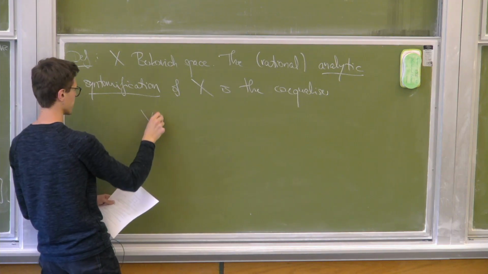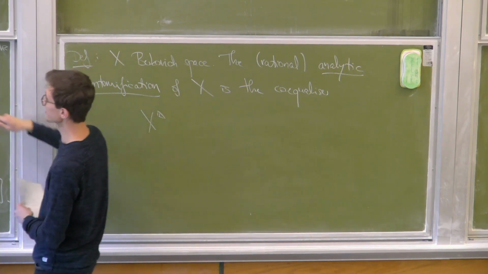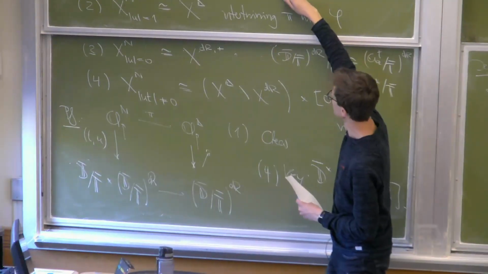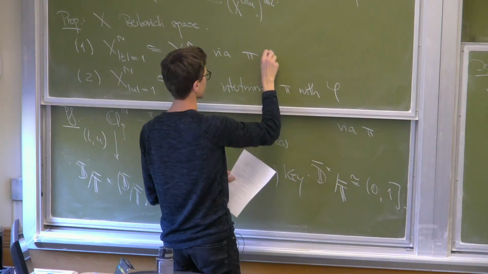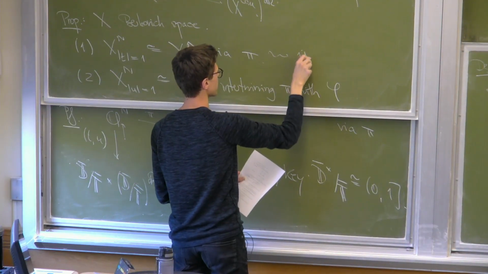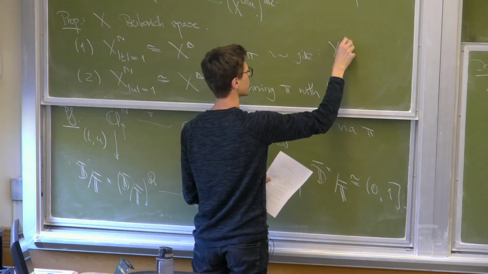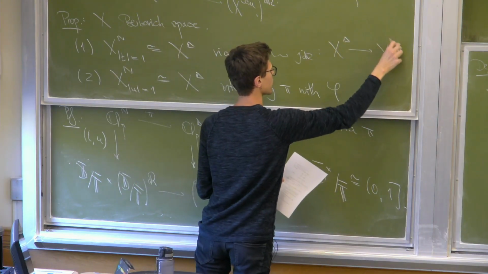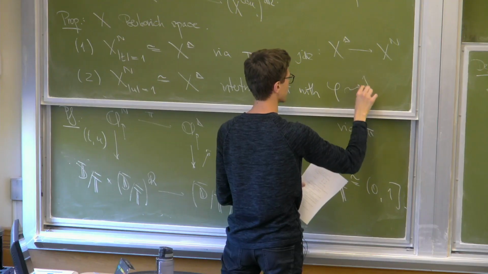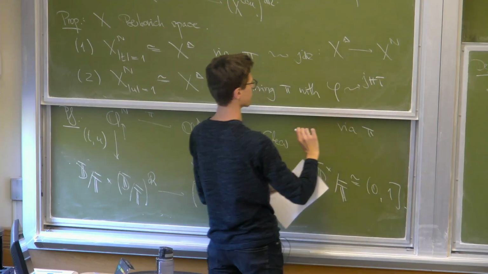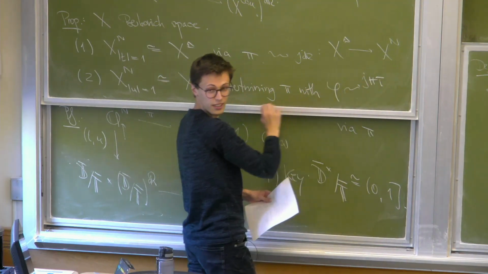Well, I have X prism, and using part 1 and part 2, I get two maps. Let me say this again. Here I get a map j_dR from X prism to X_n, and here I get a map j_HT, which also goes from X prism to X_n.